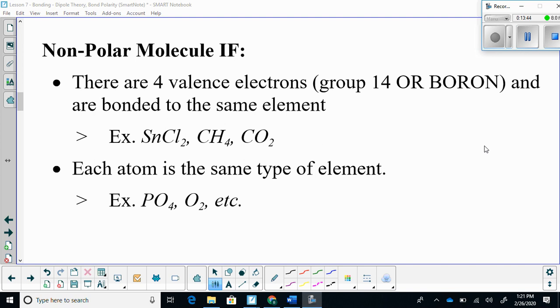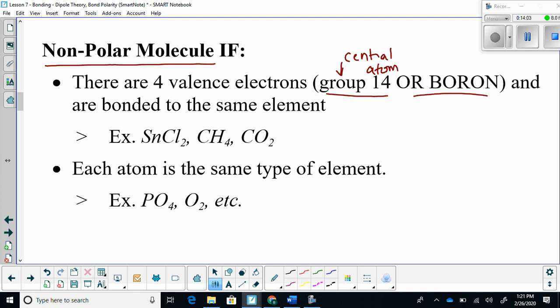So there's a general rule that a molecule will be considered nonpolar if there are 4 valence electrons, aka the central atom is from group 14, or is boron, and they are bonded to the same type of element.